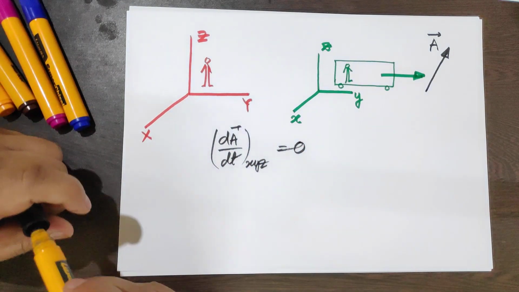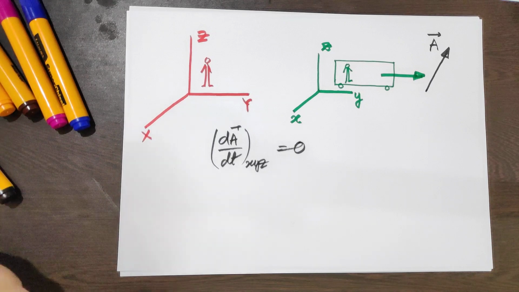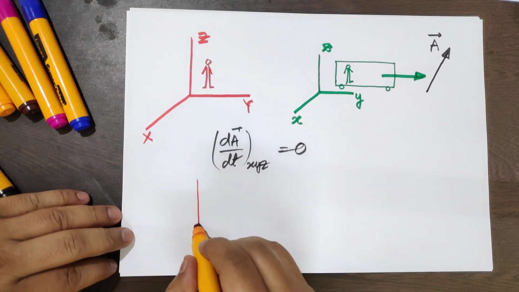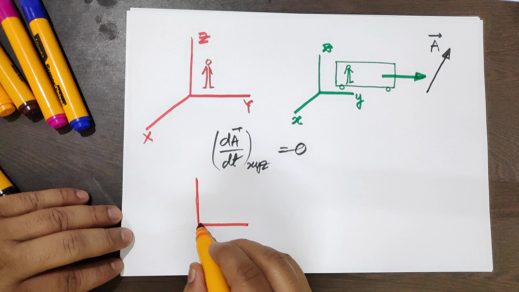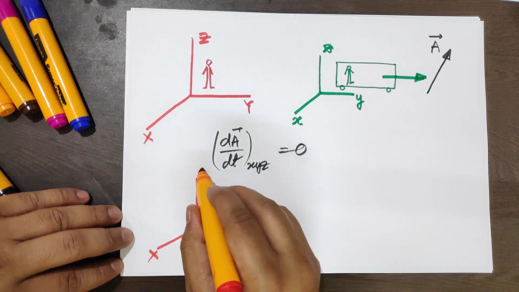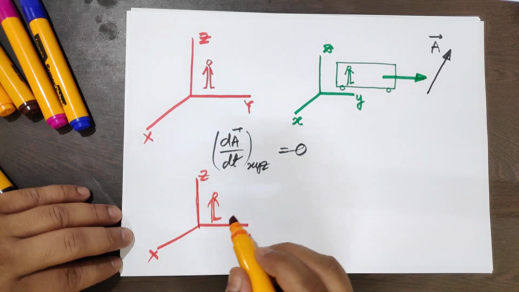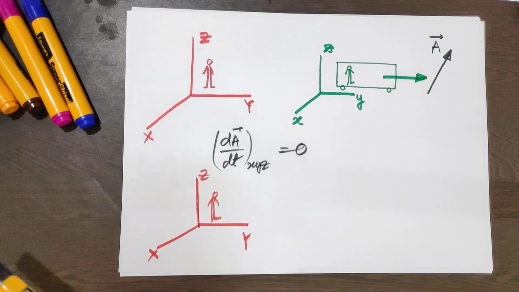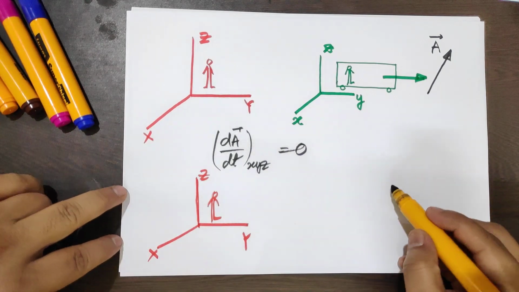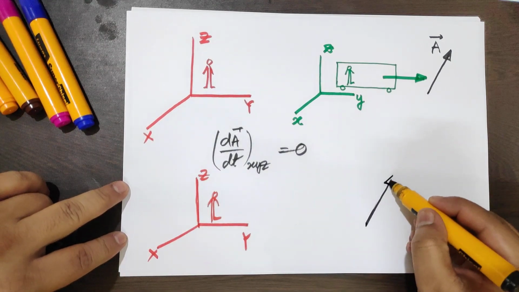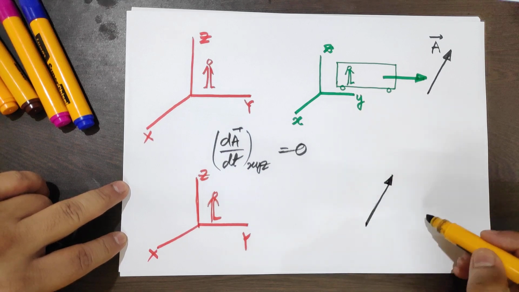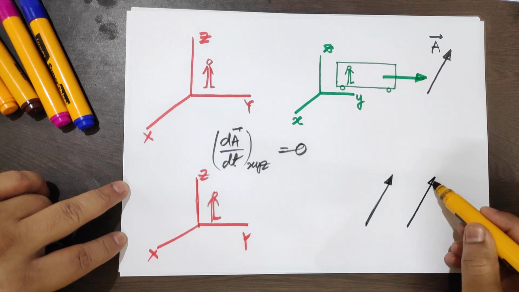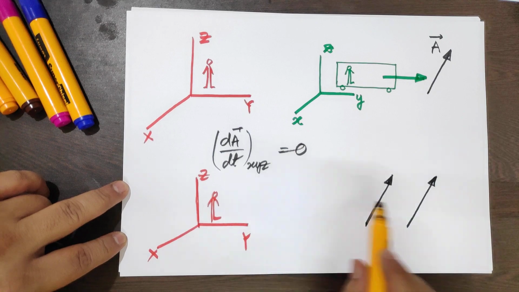Now let's see how this vector changes with respect to capital X, Y, Z. At a certain time this person will see the vector here, and at a later time the vector will shift here as it's translating.